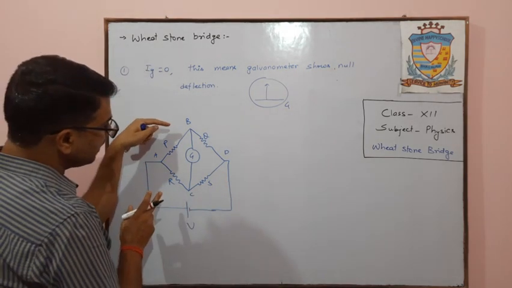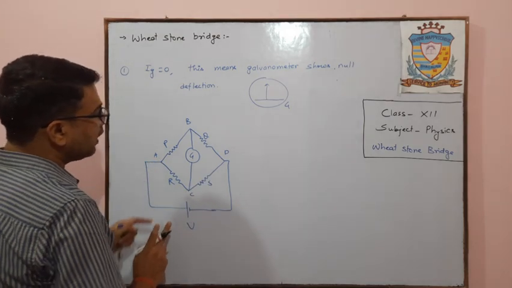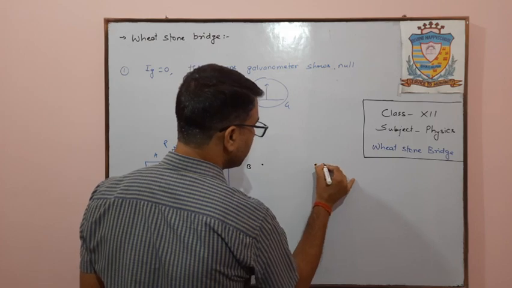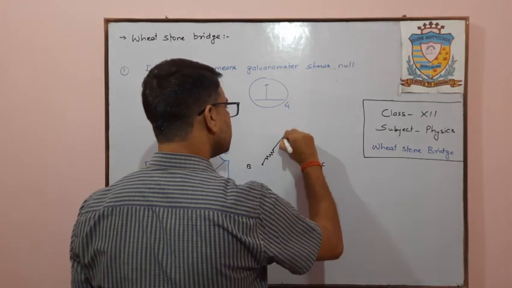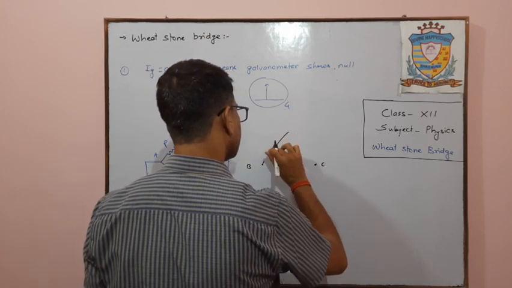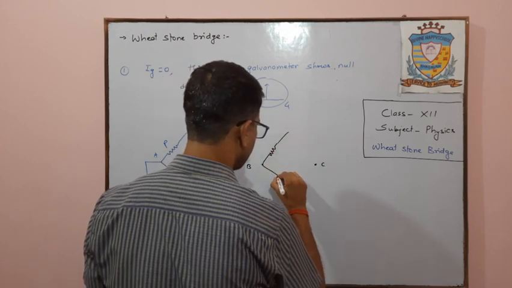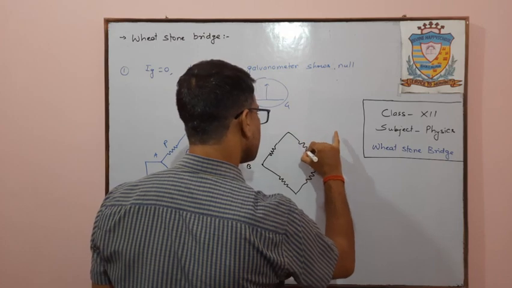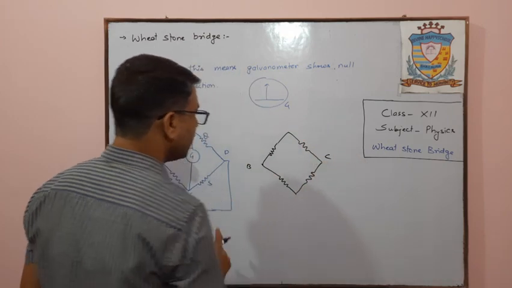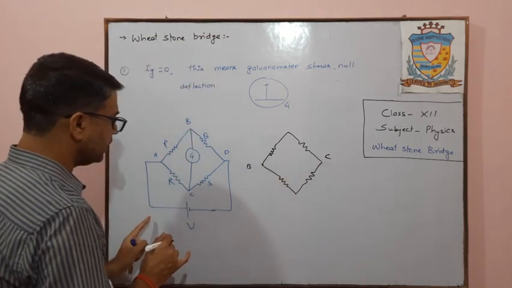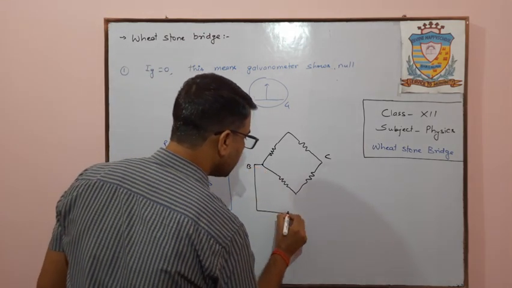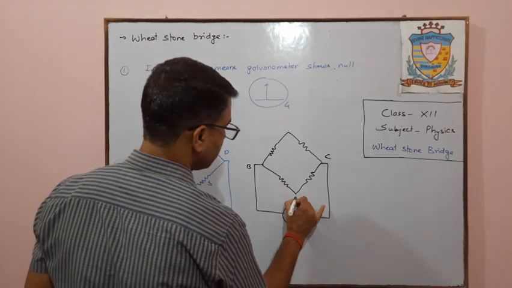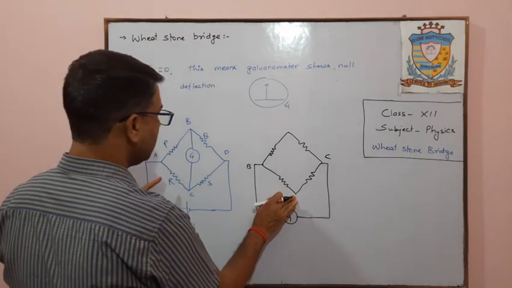Here first, as you can see, battery is connected between A and D, and galvanometer is connected between B and C. So we'll change the position of B and C. Here we'll keep B and here we'll keep C. In between B and C we'll connect a galvanometer.